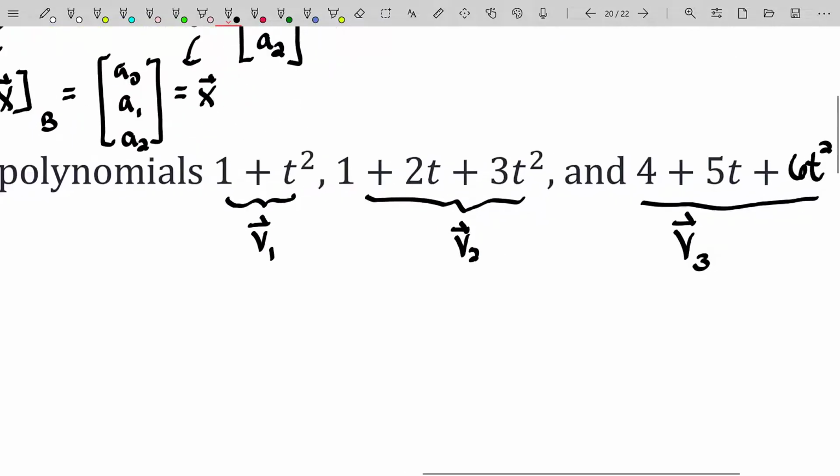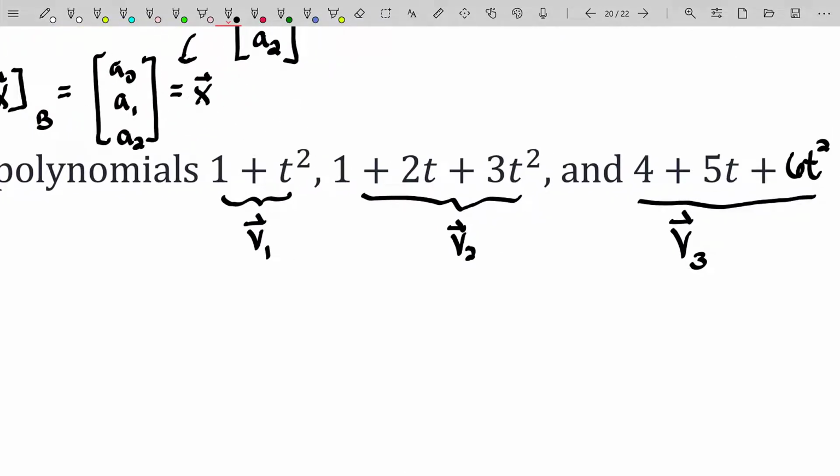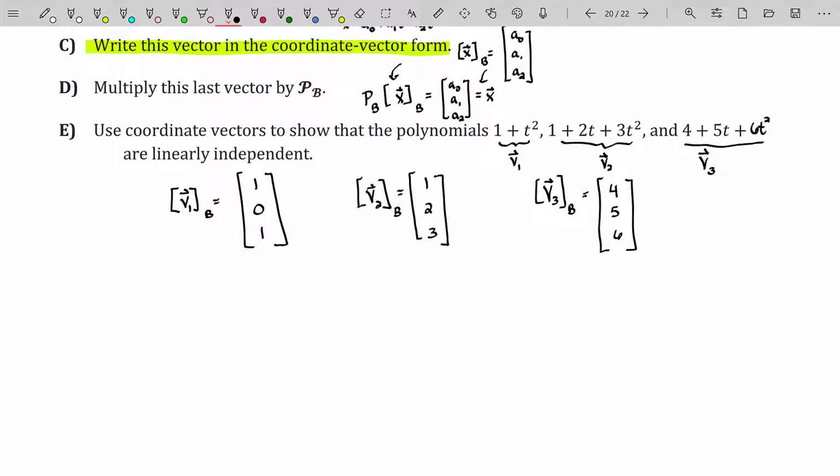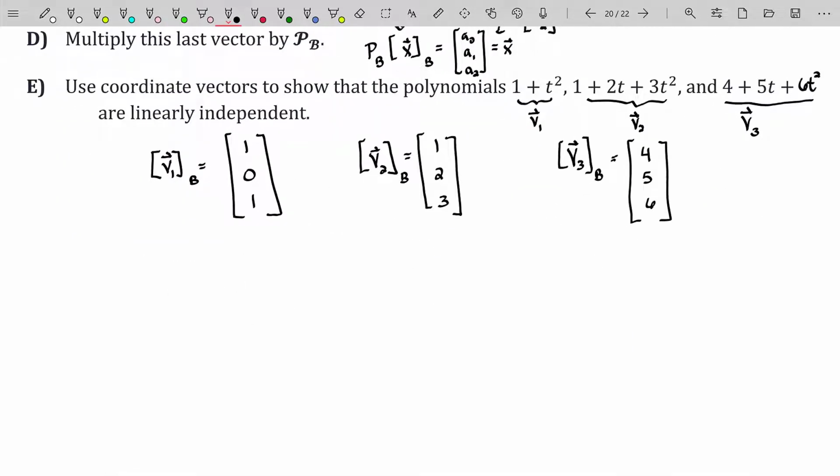To show that these vectors are linearly independent any other way is going to be a bit of a challenge. Those are our coordinate vectors. If you place them in a matrix, knowing full well that it doesn't matter which order you place them in, if v1, v2, v3 are linearly independent, they're linearly independent no matter what order you write them in.